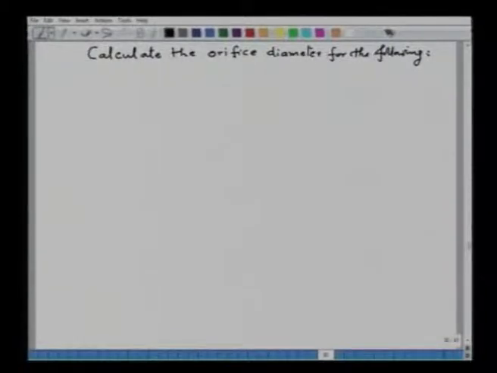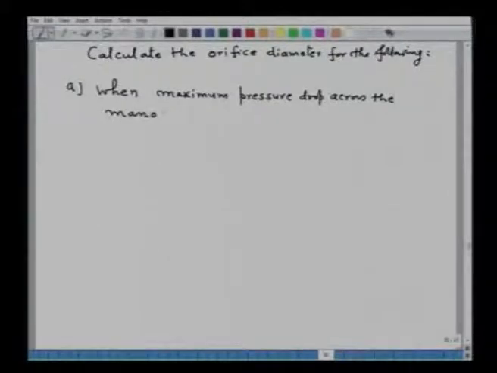A, when the maximum pressure drop across the manometer is 60 millimeter water.